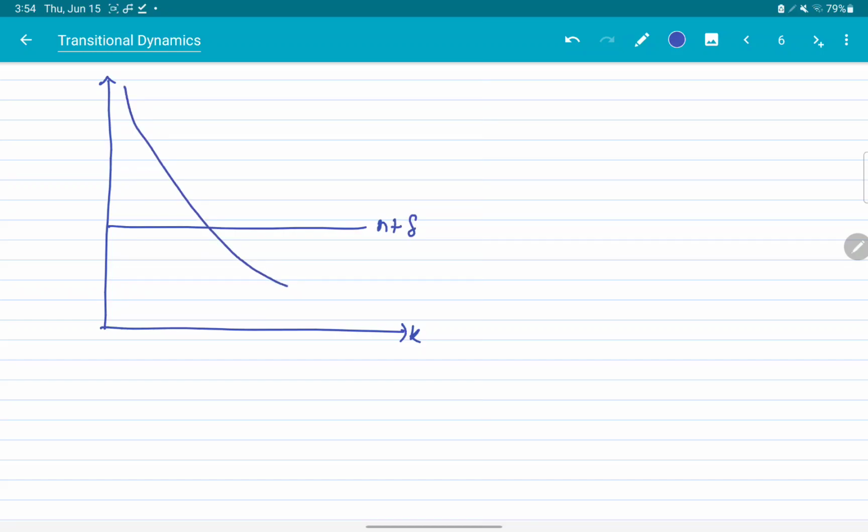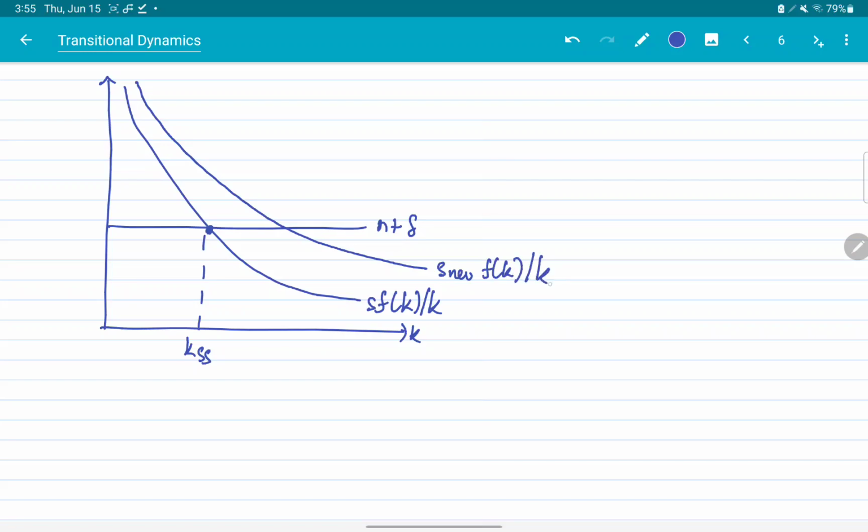So you have small k, this is n plus delta, this is s f(k) by k. You're here, you're at the steady state value when the two are equal. Now s has risen. So you go here, this is s new f(k) by k.